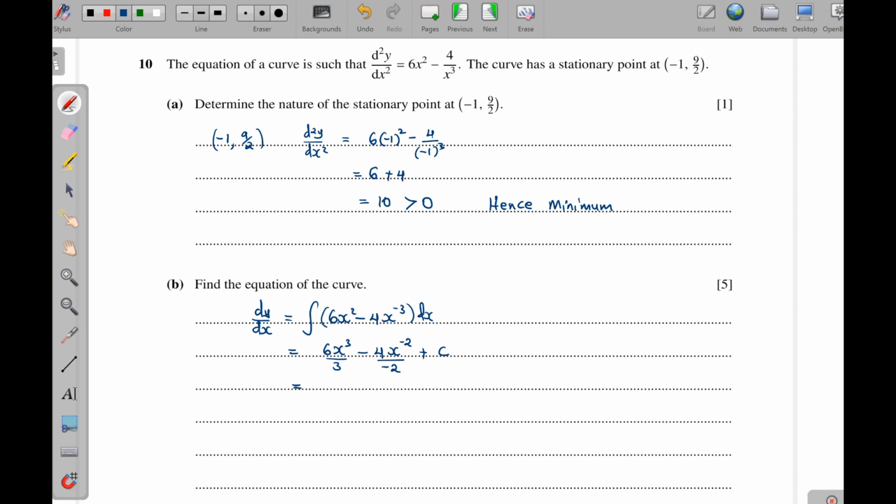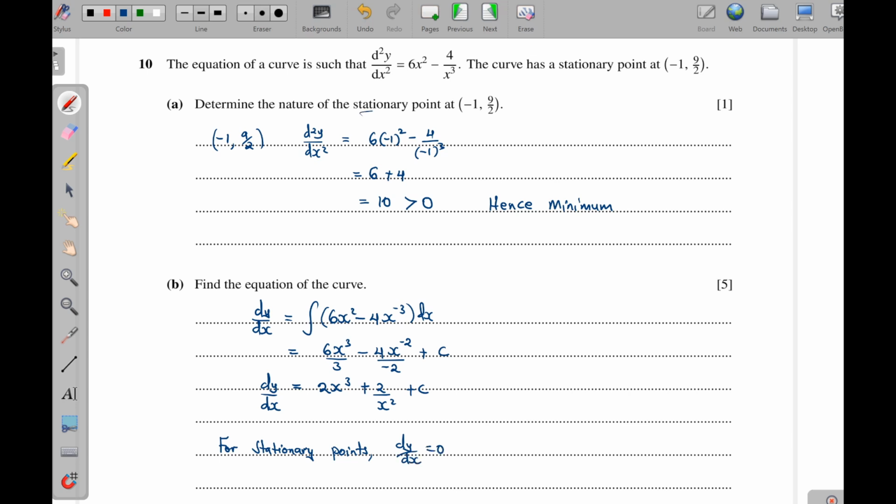Okay, so here we shall have 2x cubed, and this will be plus 2, then x to power what? Negative 2, or I can put this x down here. Okay, now this is dy dx. Now we know that for stationary points, what do you know? Dy dx is equal to 0.